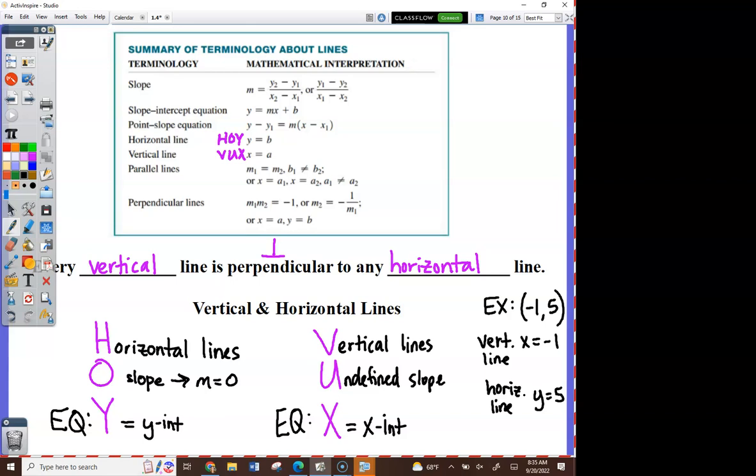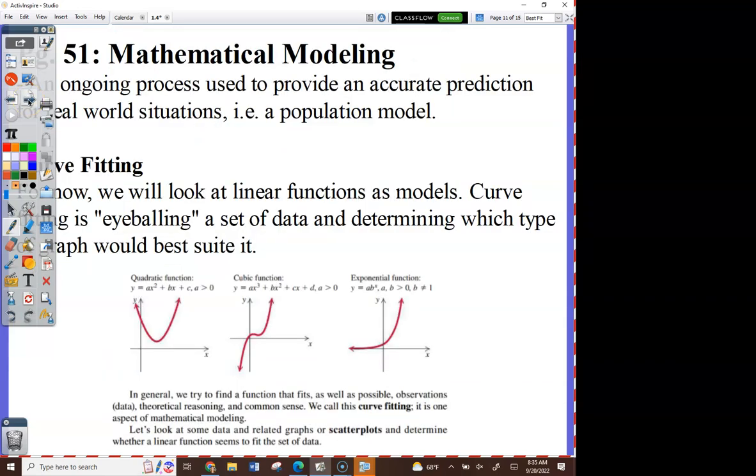All right, the next slide is where we're getting into applications. Especially if you've had statistics before, line of best fit. Do y'all remember that? Line of best fit. If you were to collect some data, and if you created a scatter plot, you don't have to draw this, and it looked like that or something, you would ask yourself, is there a trend?